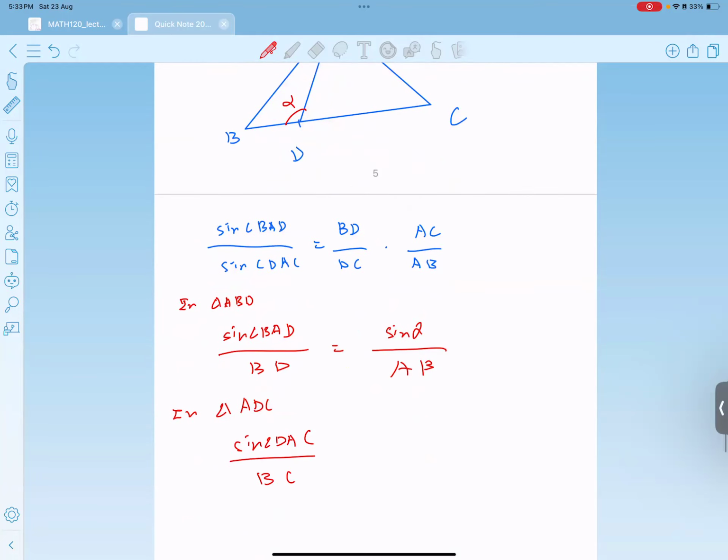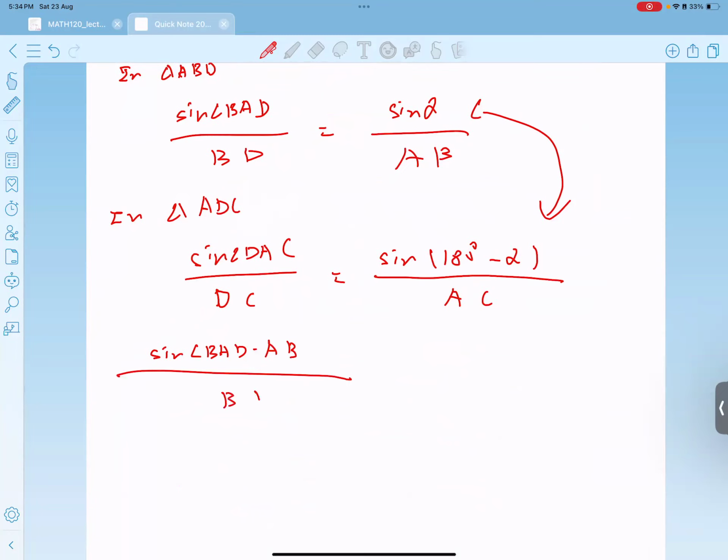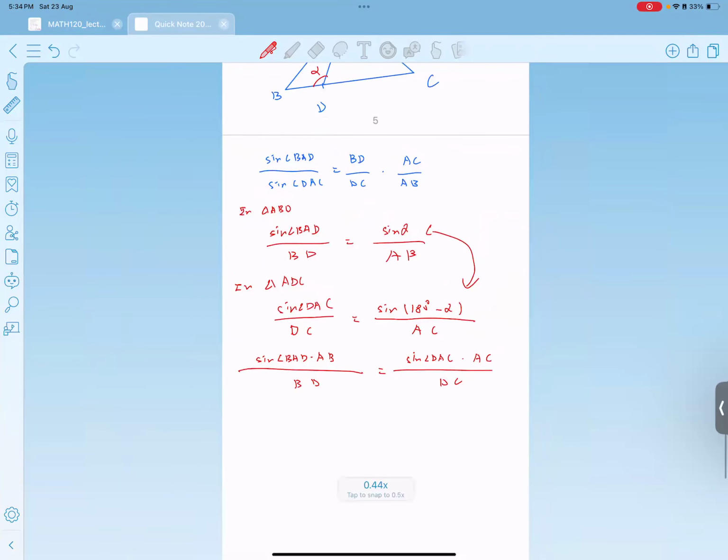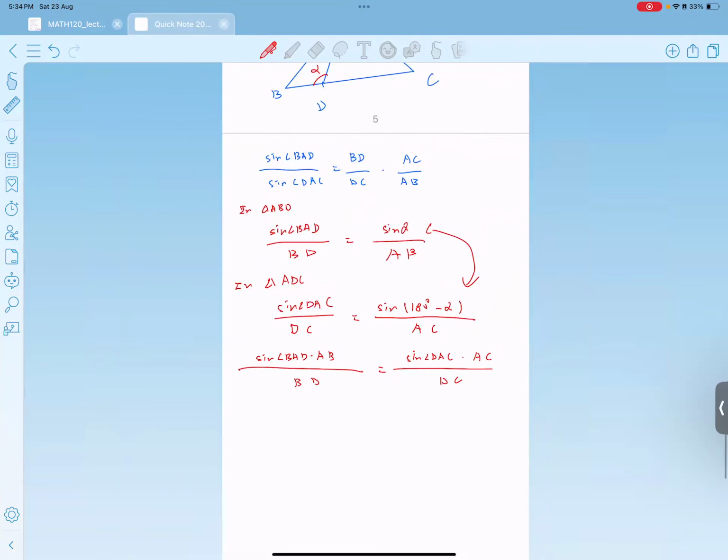And then clearly these two are equal, so we have sine BAD times AB over BD equals sine DAC times AC over DC. When you rearrange, you'll get sine BAD over sine DAC equals BD over DC times AC over AB. Cool. Just give a moment to digest that.